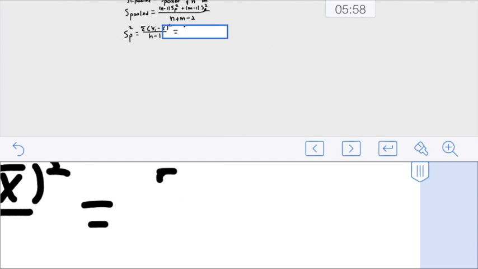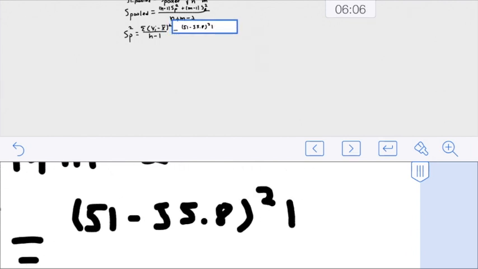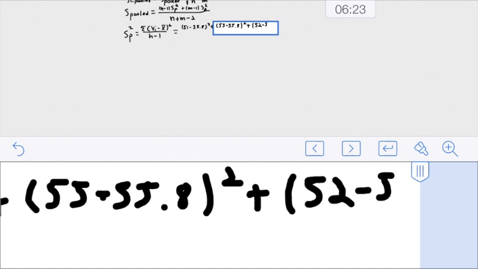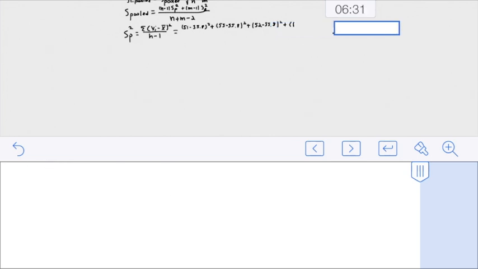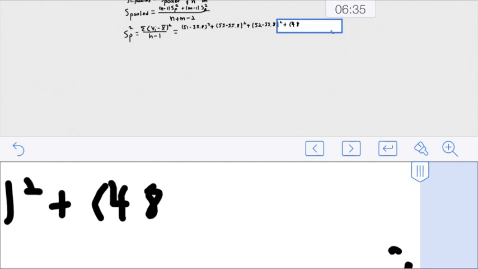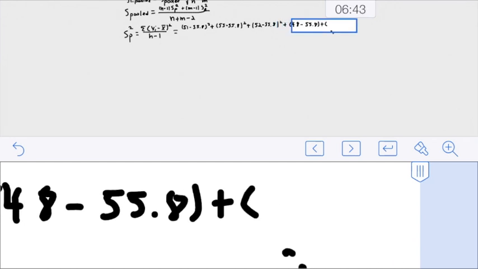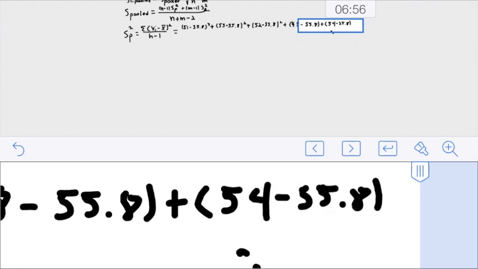So that equals 51 minus 55.8 squared plus 55 minus 55.8 squared plus 52 minus 55.8 squared plus 48 minus 55.8 plus 54 minus 55.8 squared.